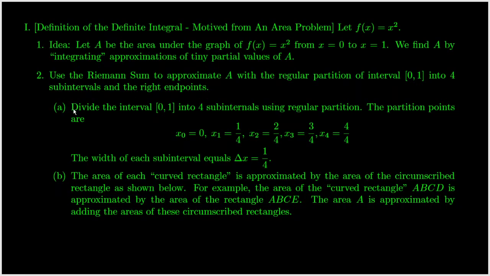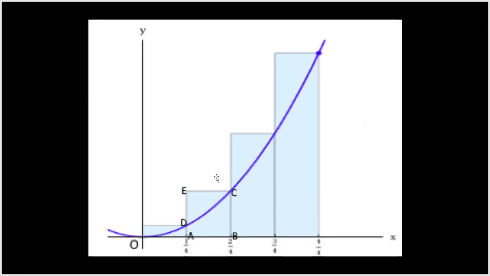Now we jump to question 2a. In question 2a, the thing we'll do is to divide the interval. You see the function is defined on the interval from 0 to 1. So probably I can show you the diagram on the screen. We're trying to compute the area under the parabola from 0 to 1, and we treat the function as a function defined from 0 to 1.